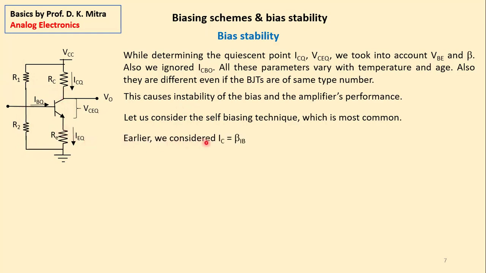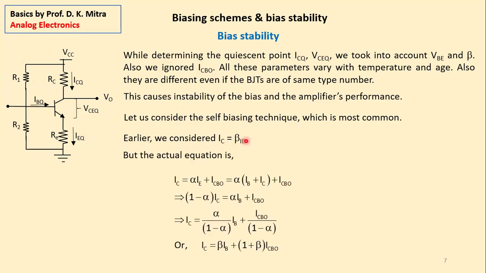Earlier, we considered collector current IC equal to beta IB. But the actual relation is different. The actual relation, which you remember, is IC equal to alpha IE plus ICBO. You learned this in your devices class in earlier semesters.